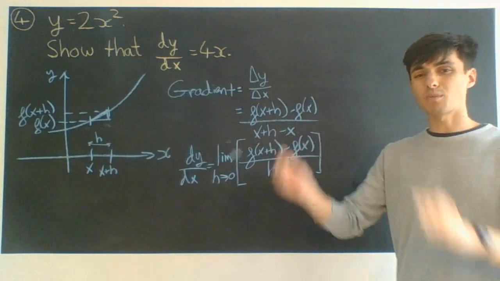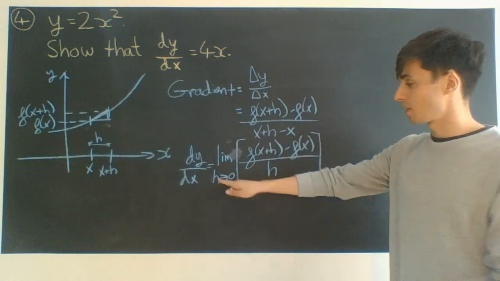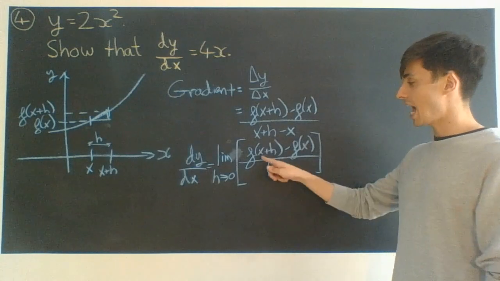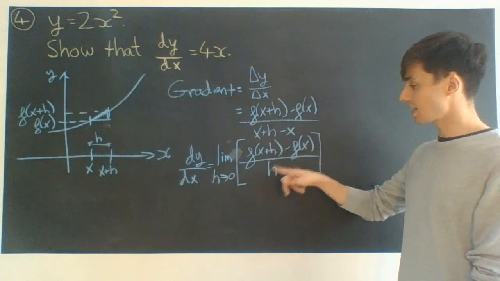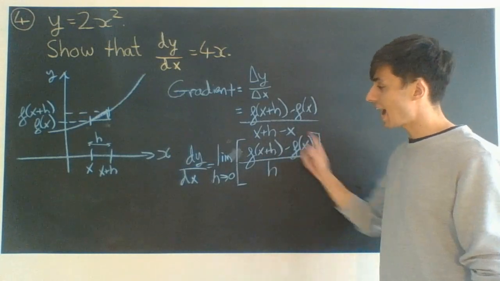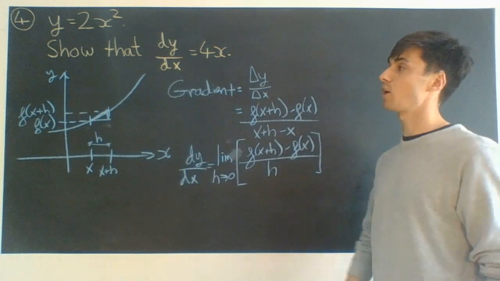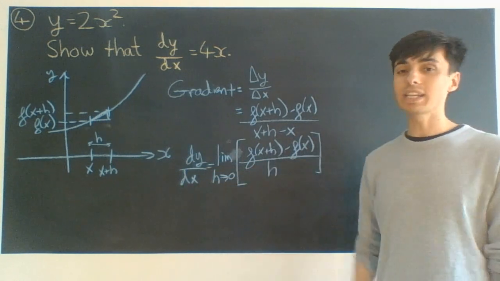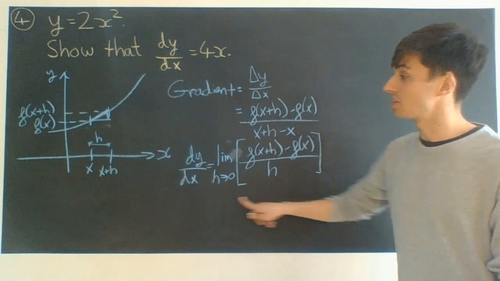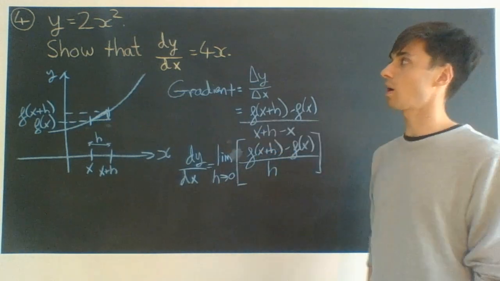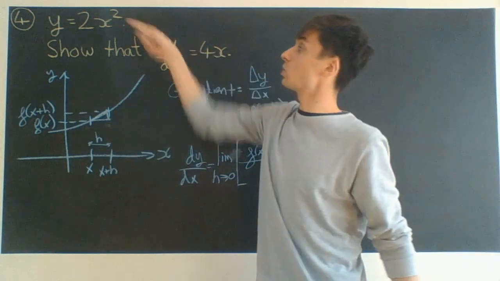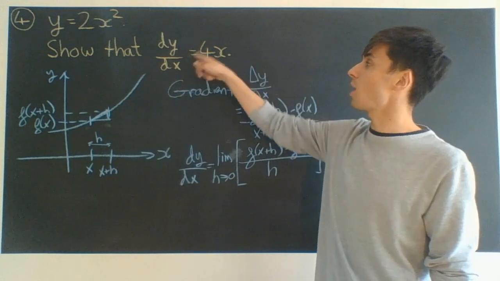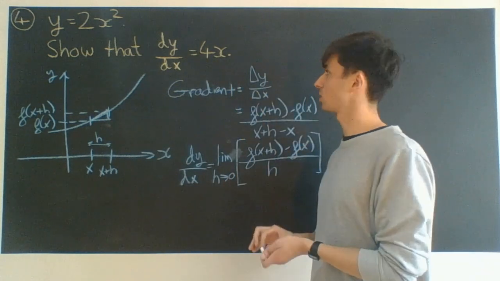So as h becomes infinitesimally small, as h goes to 0, f of x plus h subtract f of x over h, that is our derivative, our first derivative. What we need to do is leverage this definition that we've just derived, to show that when y equals 2x squared, dy by dx is 4x.